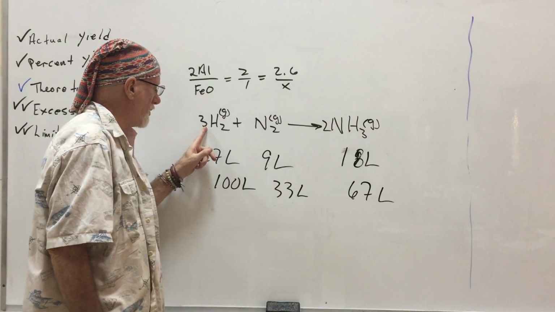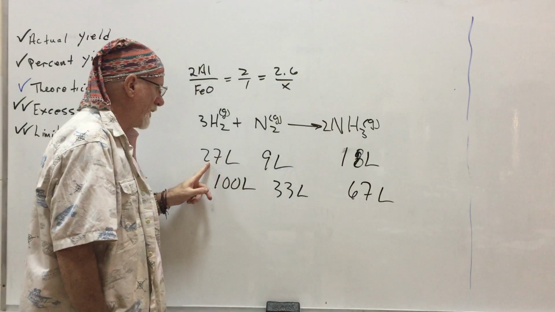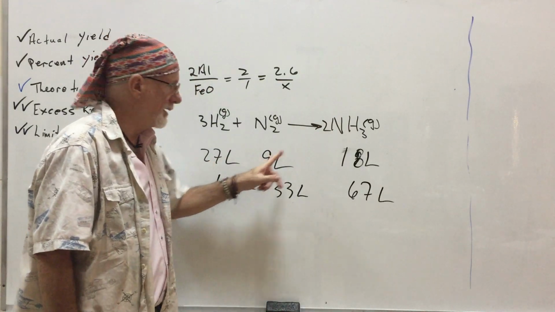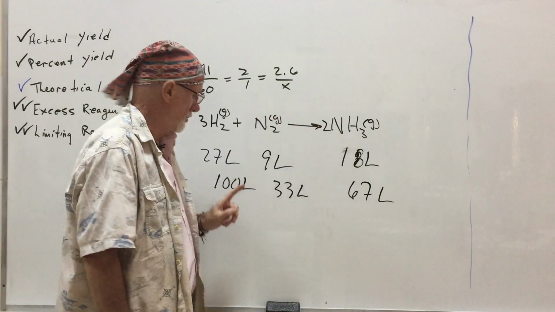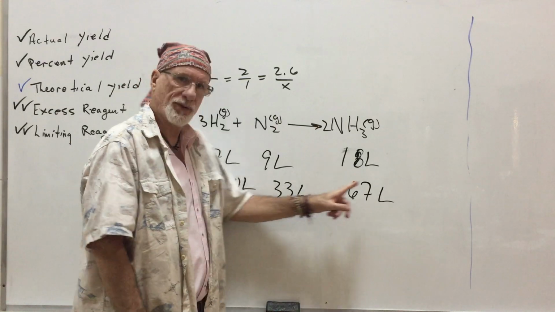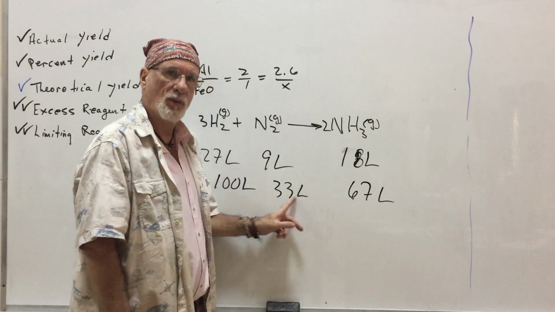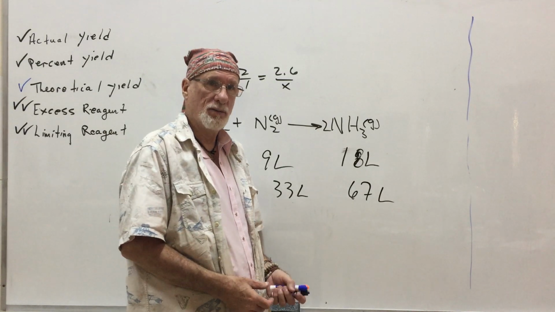So, if I have 3 moles of this, 1 mole, 2 moles. 27, 9, 18. See how it's related to the mole? 3, 1, 2. 27, 9, 18. 33, 67. 3, 1, 2. Correct? It's related to the mole ratio.